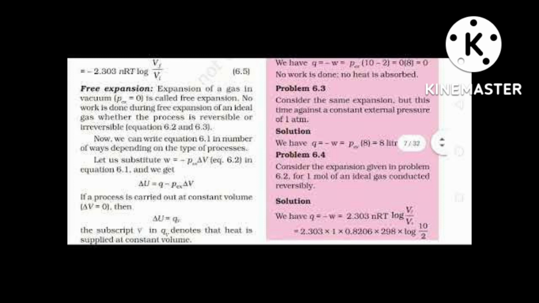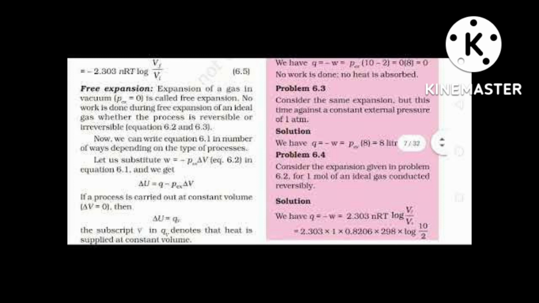After solving all the things, you will get the value 16.1 liter atm, after putting in all values, 10 nRT. You require nRT, but n they have not given, R they have not given, T they have not given.